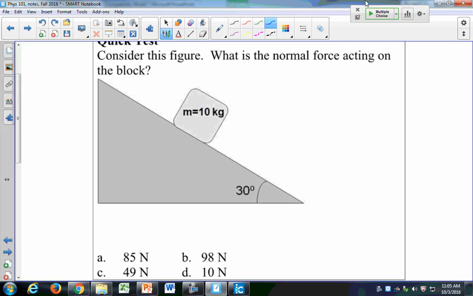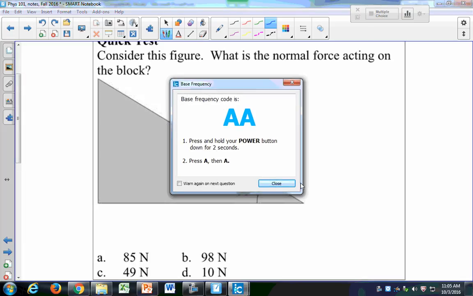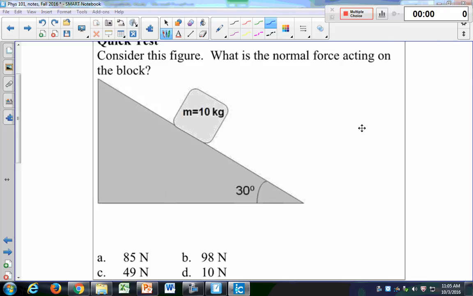Okay, consider this figure. What is the normal force acting on this block? Draw your coordinate system. Draw all the forces that are acting on it. Resolve those forces, and then apply Newton's second law.